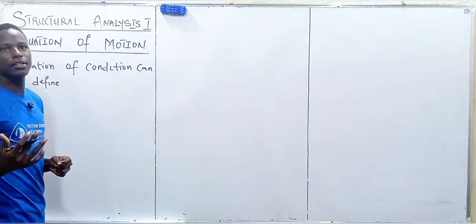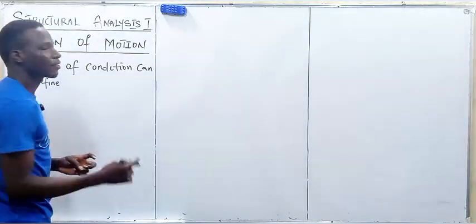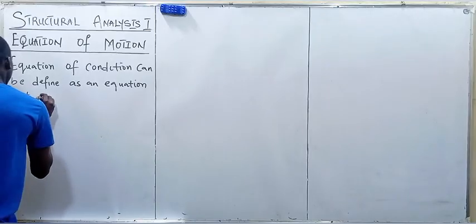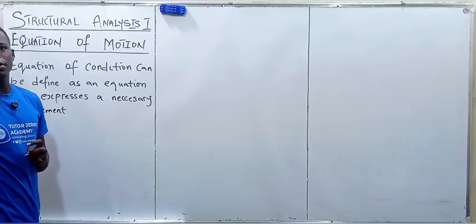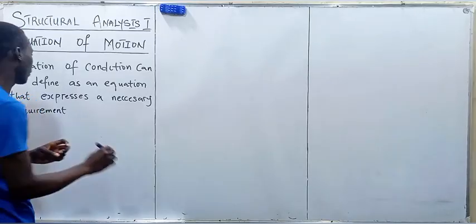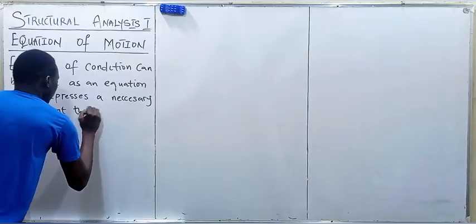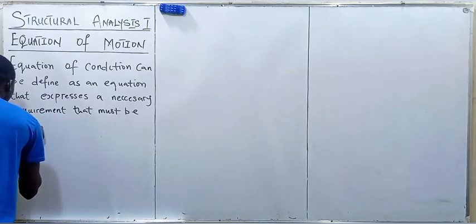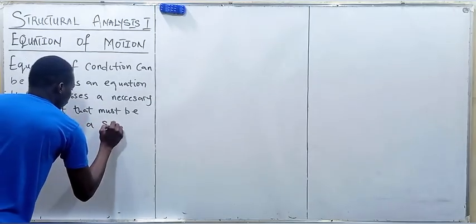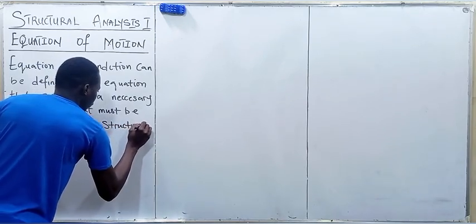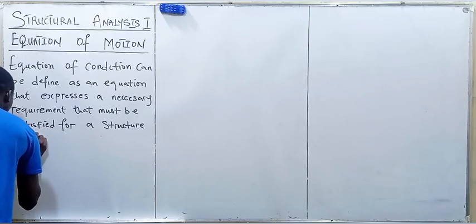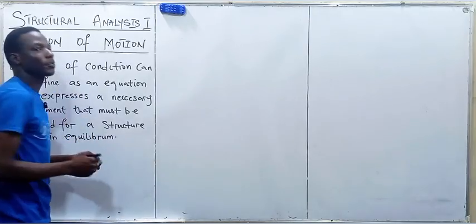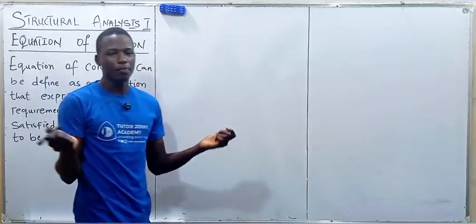Equation of condition, like I said, can be defined as an equation that expresses a necessary requirement that must be satisfied for a structure to be in equilibrium or compatible.